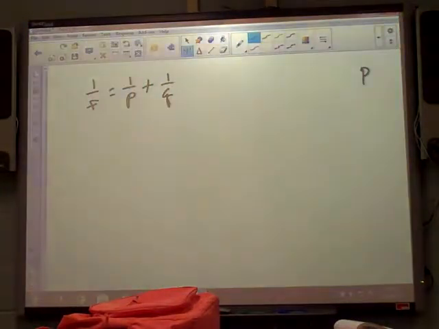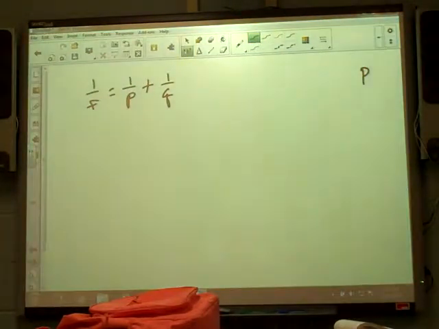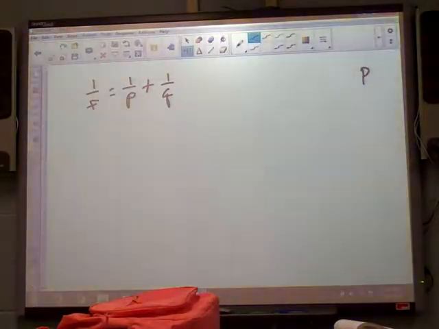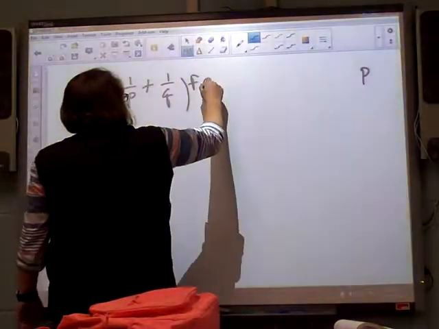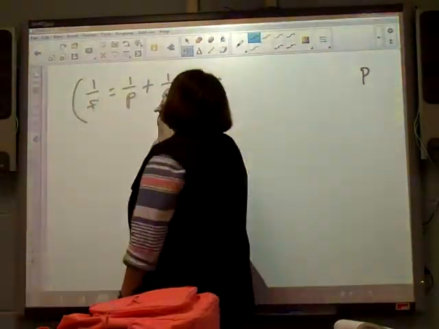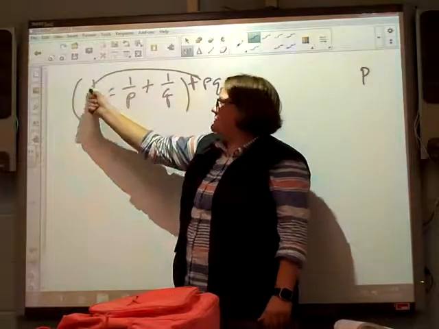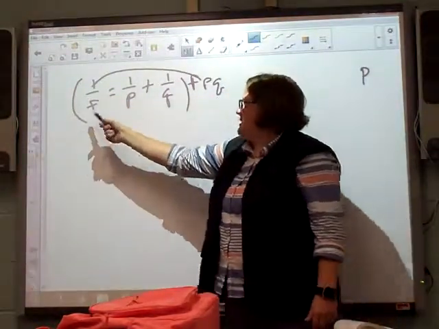But the first dilemma is still the same. We got ugly fractions. We got an F, a P, and a Q on denominators. So what can I multiply this whole equation by that would take those out? What will F, P, and Q all go evenly into? FPQ. Very good. Isn't that crazy to say that? But that's right. Alright, so figure out what cancels when I go to this first piece. The F's will cancel.